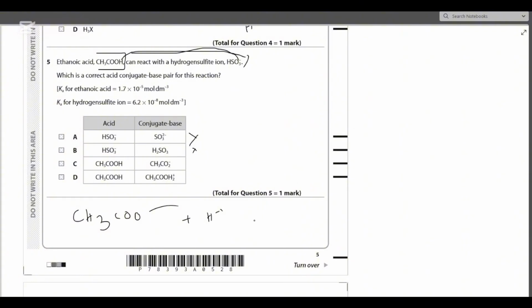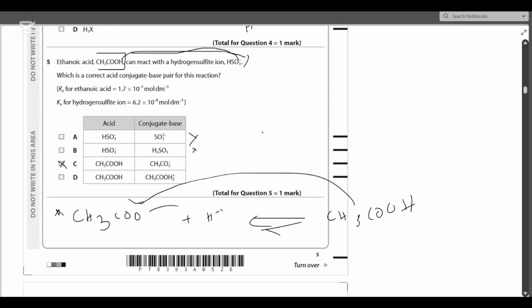The conjugate base is coming from CH3COOH as it dissociates to reach an equilibrium position. So this is the acid, and the conjugate base will be this one right here, CH3COO minus. The only possible option is C, as we can see very clearly in the stated reaction.